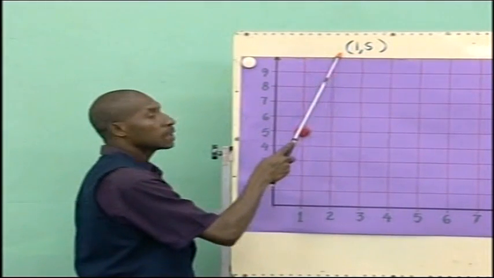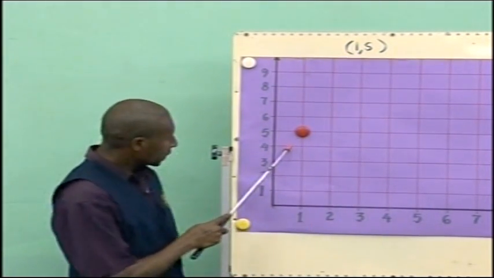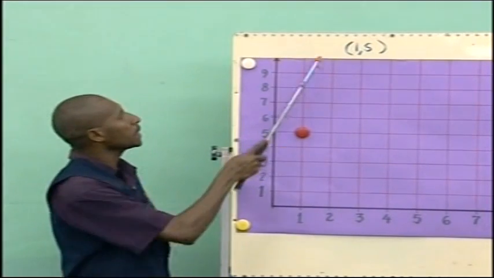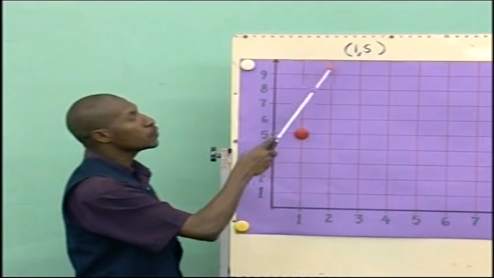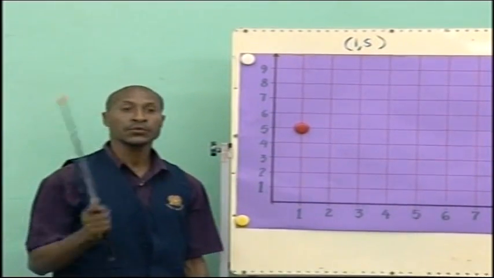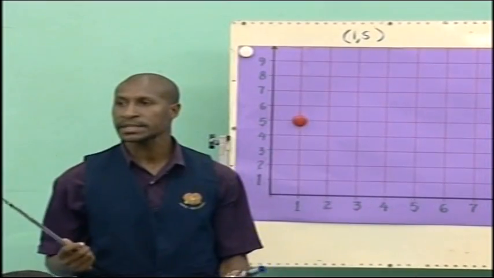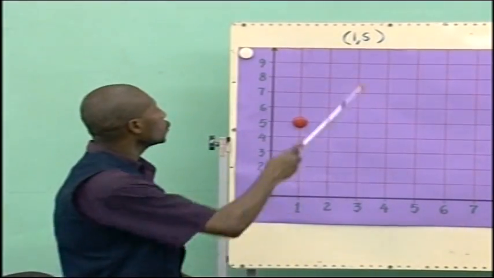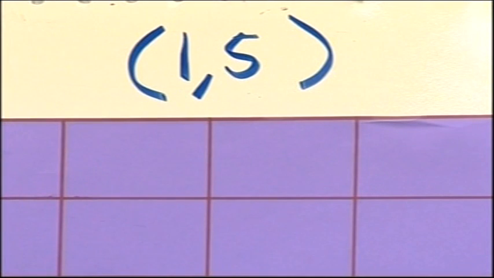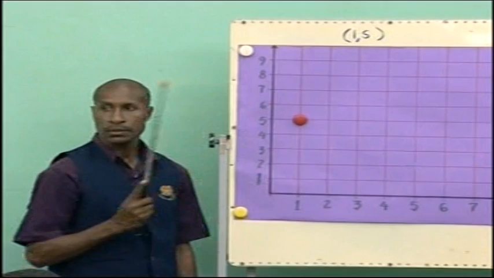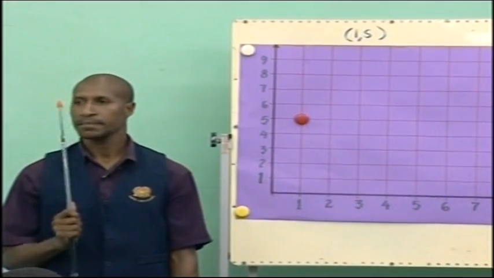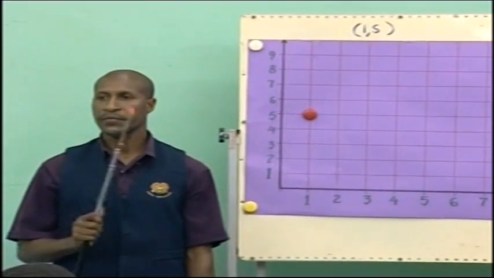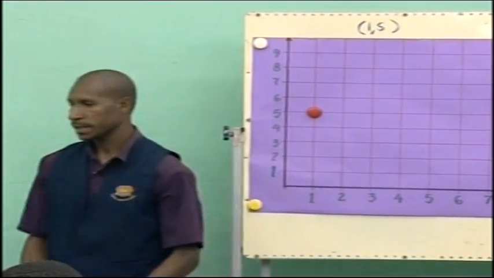So, the coordinates for this point here is bracket 1,5 bracket. These are the two coordinates. So remember, if you reflect back to the meaning of coordinates, coordinates simply means two numbers which show the location of a point. So don't forget, coordinates and ordered pair have the same meaning. Two different words with the same meaning.